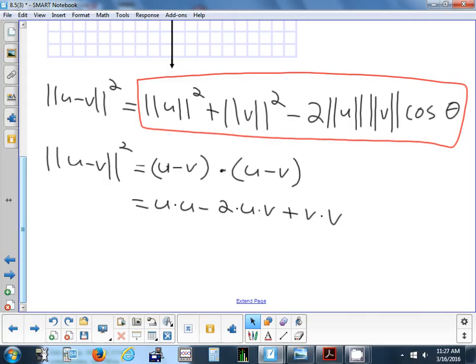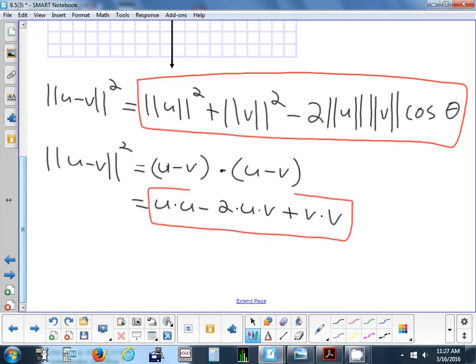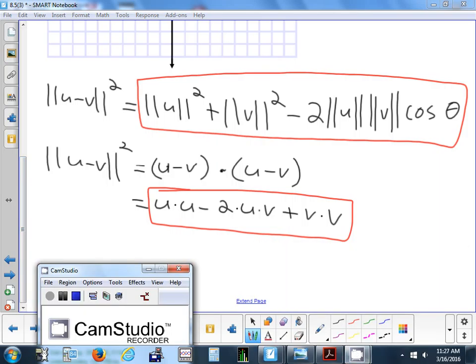Okay, any questions on that? So now that is our second step, second equation.